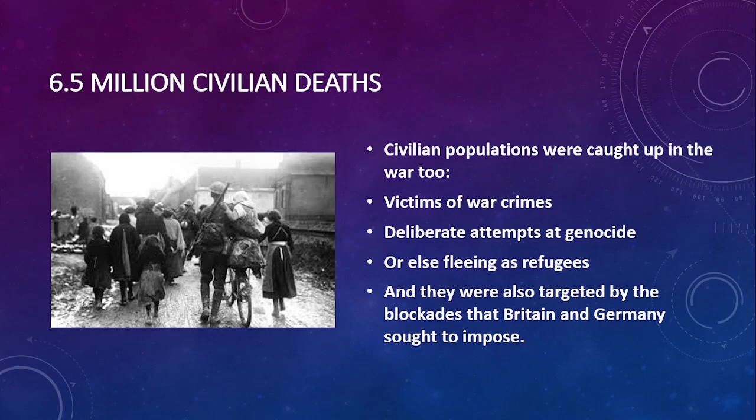Italy suffered about 600,000 deaths, France 300,000, Britain over 100,000, mostly merchant sailors. Little Belgium 62,000, and the Ottoman Empire a staggering 2 million. This figure includes the Turks' massacres of Armenians.